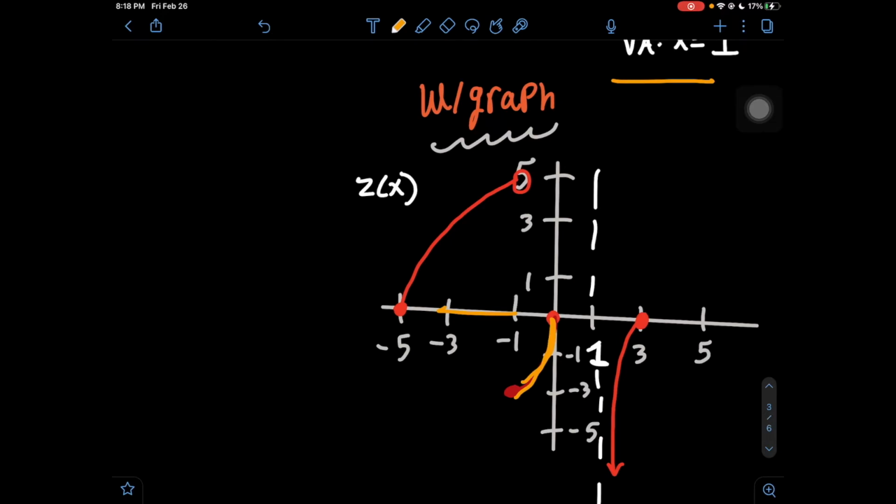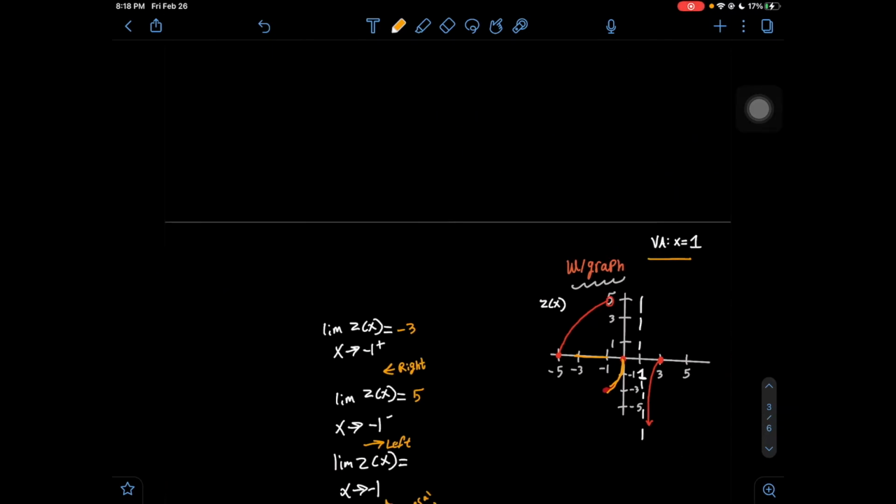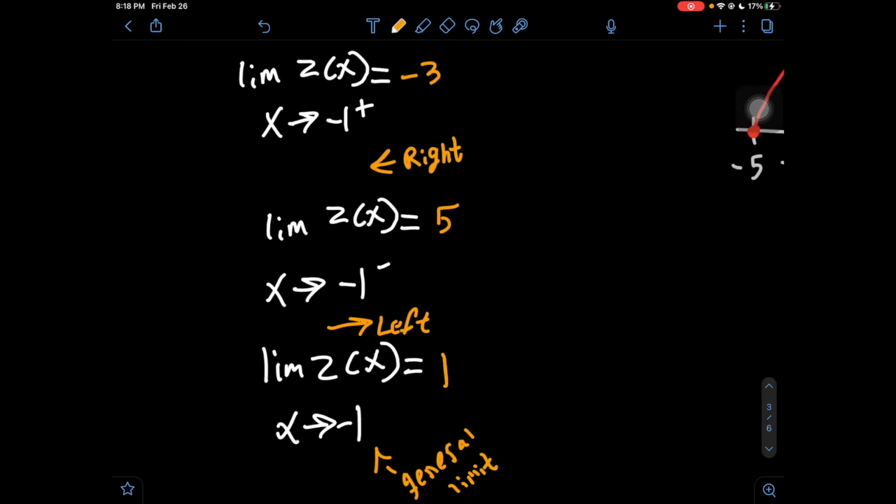If there is a value of some sort, whether it be a hole or a solid point, at that x value of -1, and we're looking for a general limit or any type of limit, we are going to assume that that is a value in that limit. So we can see that it's approaching -3 from the right, but from the left it's approaching +5. Two different y values, does not exist. Does not exist, D and E.